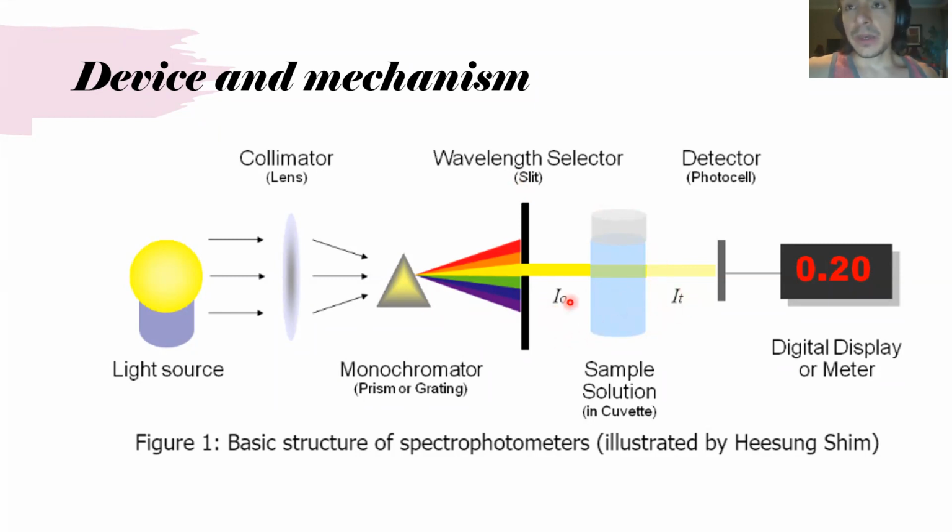We'll get into that later. And then a photoelectric, sometimes called photosensitive, detector. Here it's just called a detector. And then some sort of display meter. So one needs a desired wavelength of light to pass through the solution sample in the cuvette, and then the amount of photons that are absorbed gets detected by the spectrophotometer.